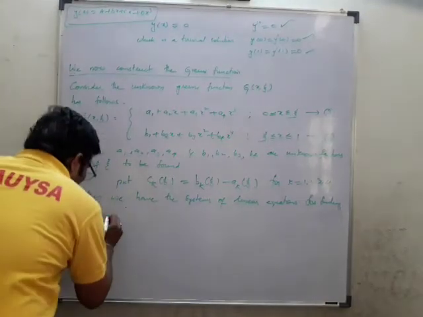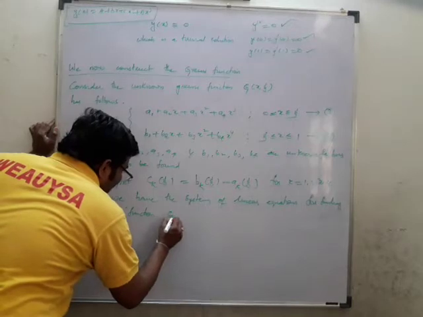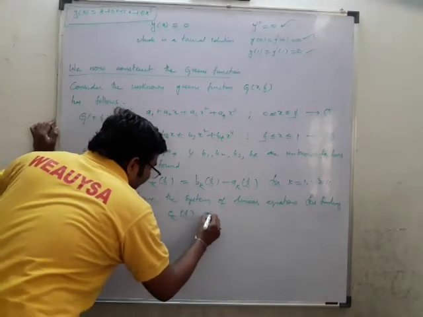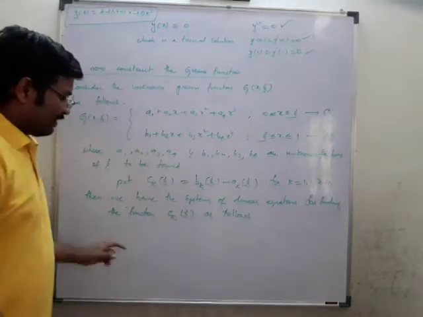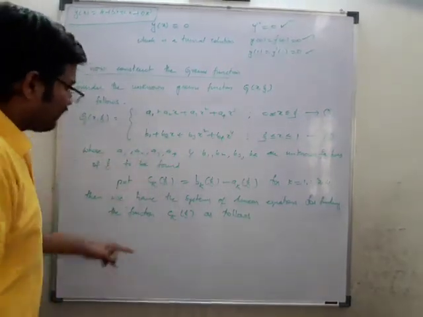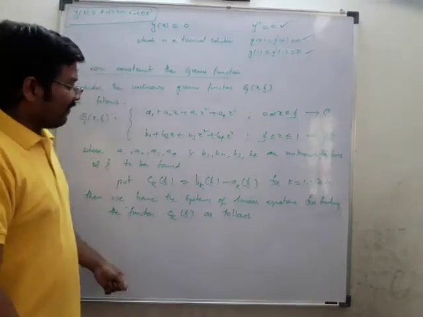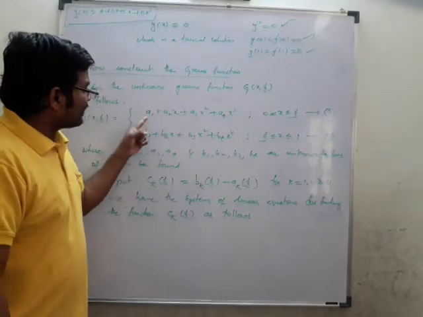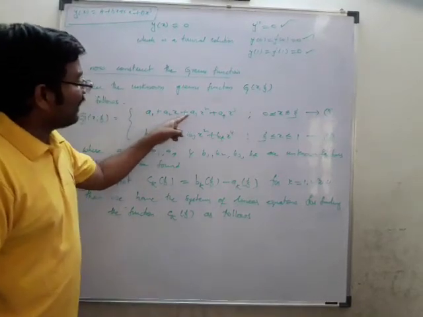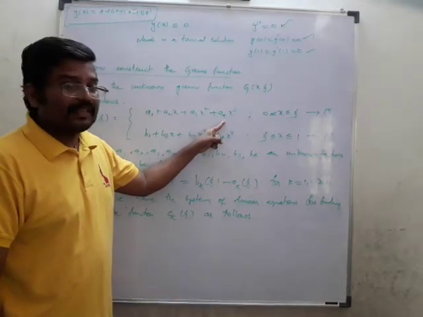Finding the function ck of xi as follows. With the help of that we are going to find out now. First, according to the definition, we'll differentiate this one. By taking ck, c1 plus c2 xi plus c3 xi square plus c4 xi cube is equal to 0.